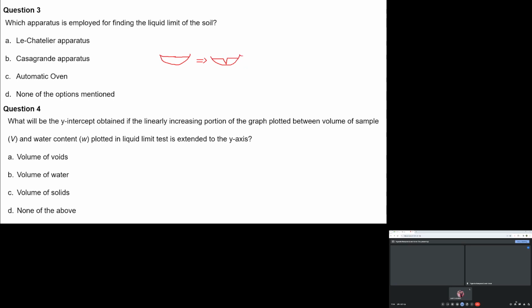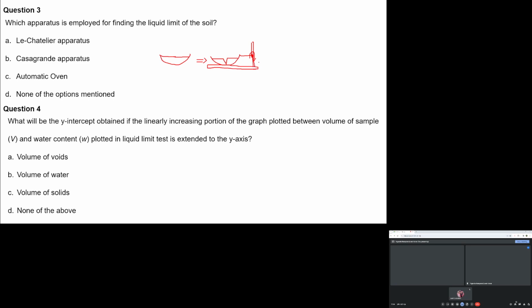This is connected to a rotating device, which on rotation moves the bowl up and down, making it hit the bottom plate.